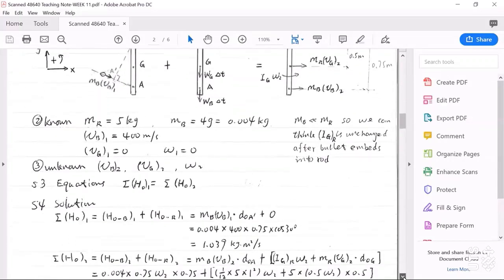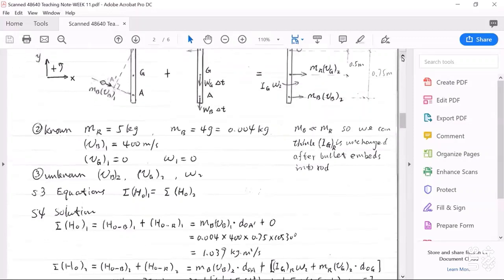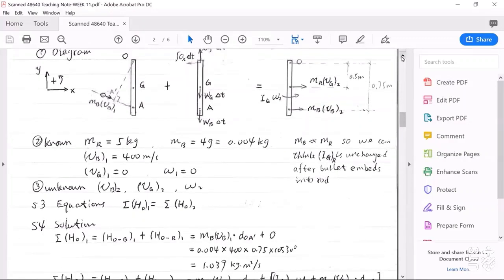For solving this problem, only the conservation of angular momentum is useful. We calculate the initial angular momentum of this system.